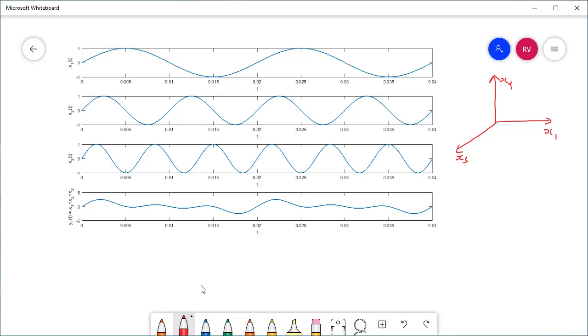So I have taken one time x1, one time x2 and one time x3 and added them together to form the signal y1. This is my signal y1 in terms of x1 to x3, and I have represented that as a point in space, or I have represented the signal y1 geometrically.